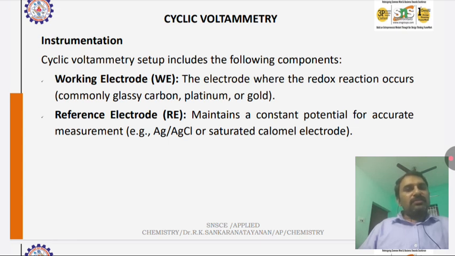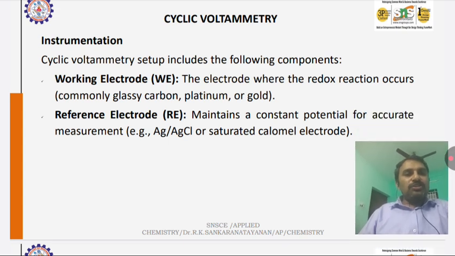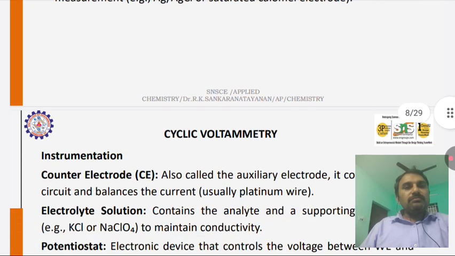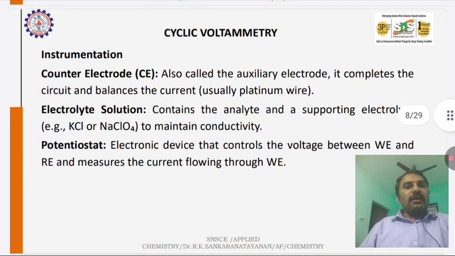What is the role of the reference electrode? It maintains a constant, accurate potential for accurate measurements. Generally, we use a silver and silver chloride electrode. In potentiometry, we use a mercury and mercurous chloride saturated calomel electrode. Another electrode is the counter electrode, generally called the auxiliary electrode, because it balances the current.